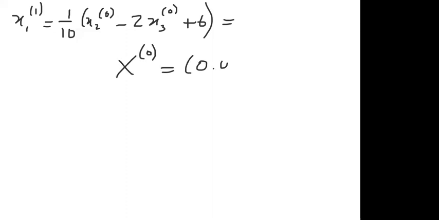So it will be minus 2x3^(0). Then plus 6. And you have x2^(0). And in this case, again, we are using the initial approximation 0, 0, 0, 0 transpose. So you should keep that in mind. So it will just give us 0.6 because x2^(0) and x3^(0) is just equal to 0. So let me wrap this part.